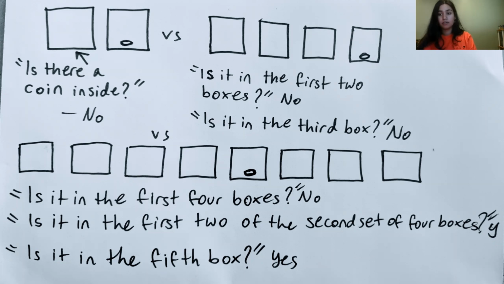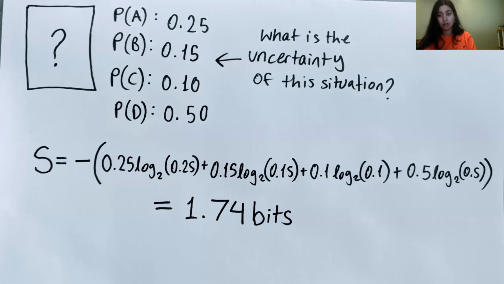And this equal probability version is actually a simplification of the previous formula describing the entropy. In the case of equal probability, using properties of logarithms, you can convert between the two. But the entropy formula can also be used to determine the bits for unequal probabilities as well. Like, say there is a card with a 25% chance of having A written on it, a 15% chance of having B written on it, a 10% chance of having C written on it, and a 50% chance of having D written on it.